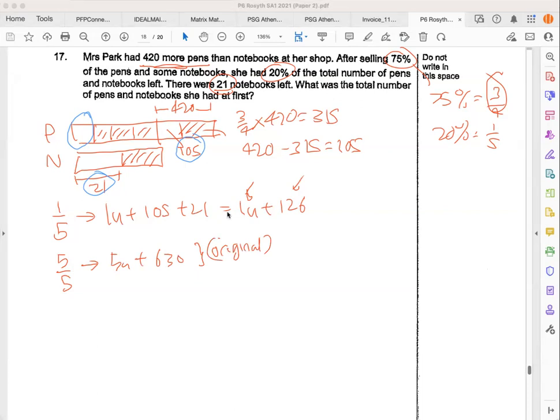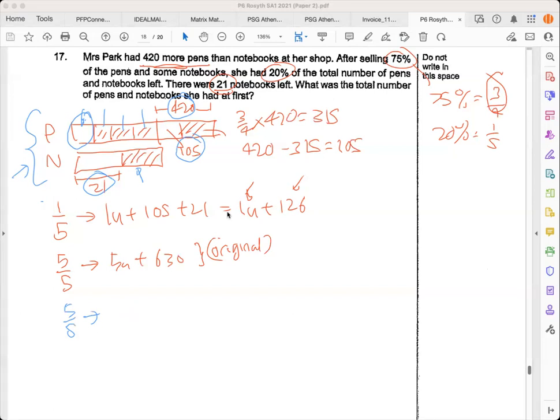If you look at the model here, the original for pen is 1, 2, 3, 4 units and 420. Notebook will be 4 units. So you look from this model, the total original is equal to 8 units. Okay, let me be very clear.